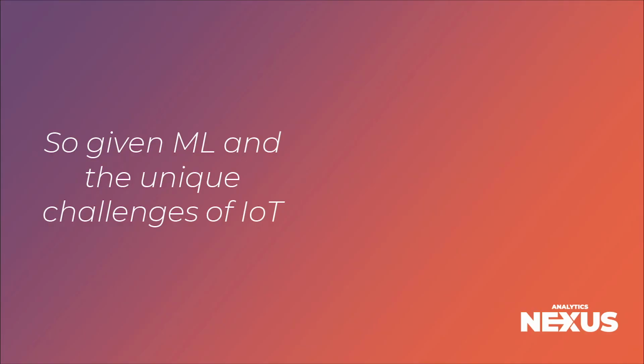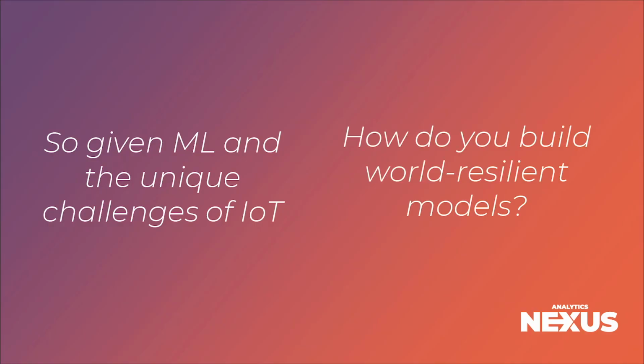So, given those challenges, how do you build world resilient models? I think for the most part, and going back to what I said earlier about analytics being analytics, when you actually get into the model building part of the analytics, it's not too different than other kinds of machine learning.